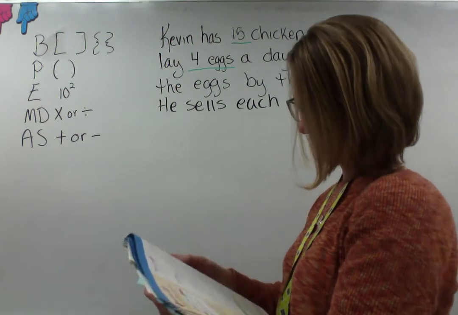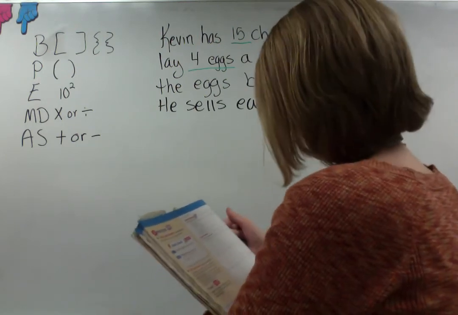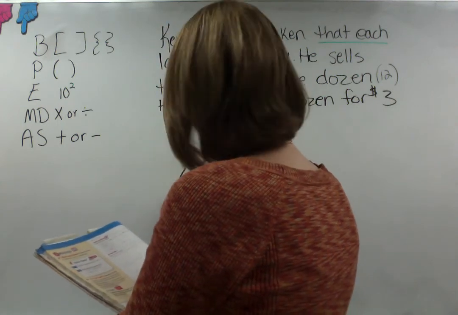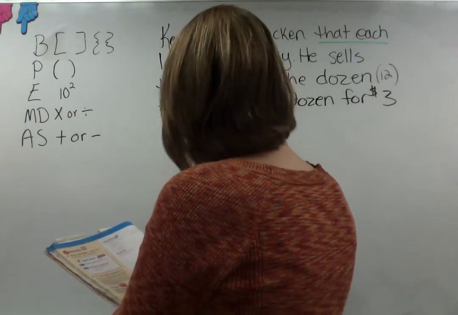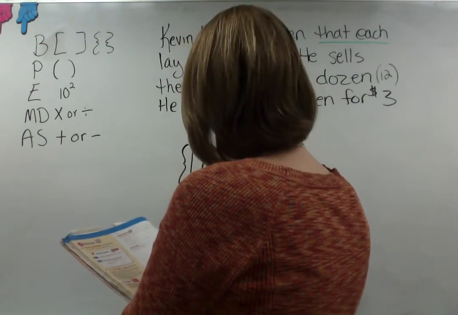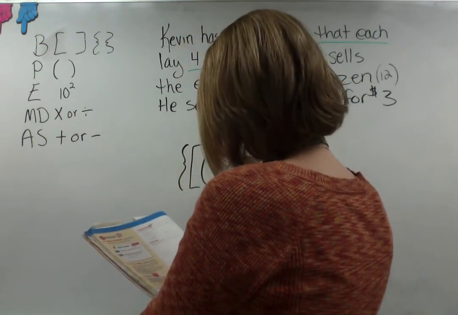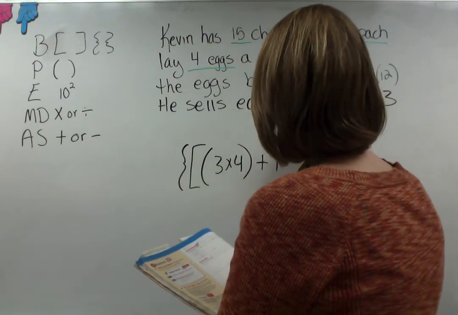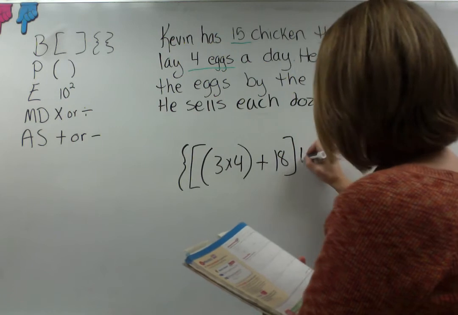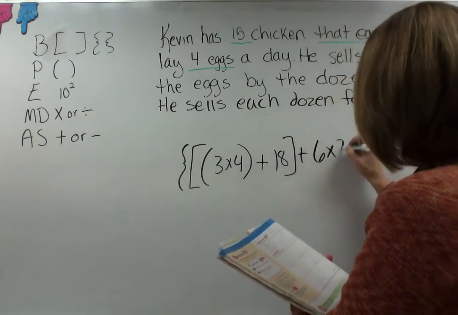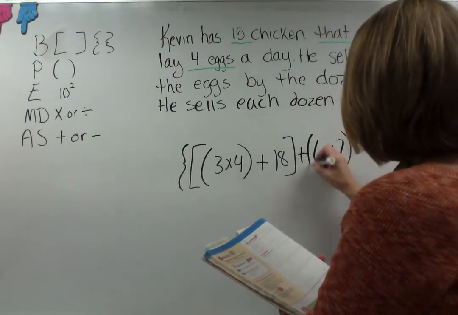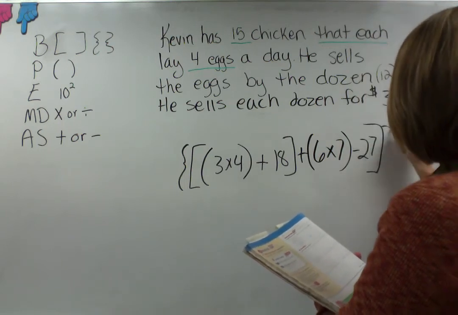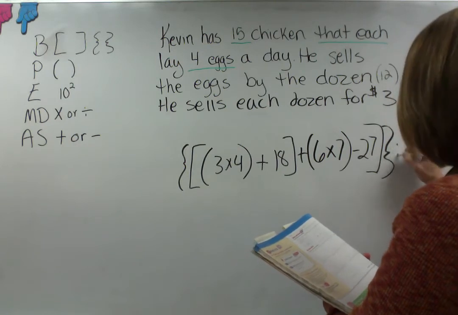We've got fancy bracket, regular bracket, parentheses, good Lord, times 3, then plus 18 inside of brackets plus 6 times 7 inside of parentheses minus 27 bracket, fancy bracket, divided by 5.